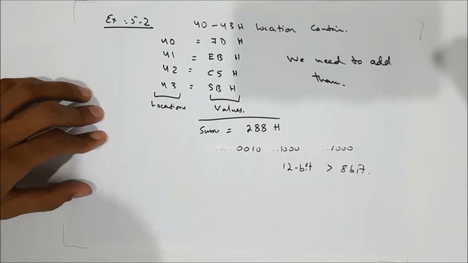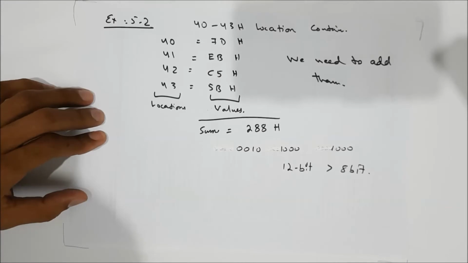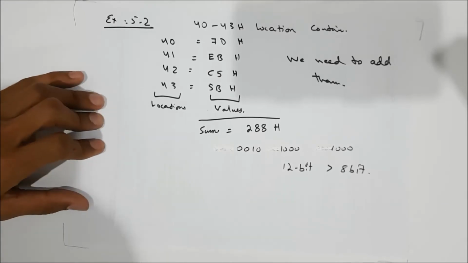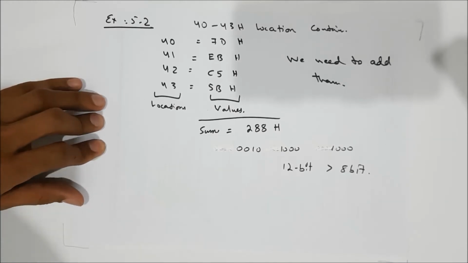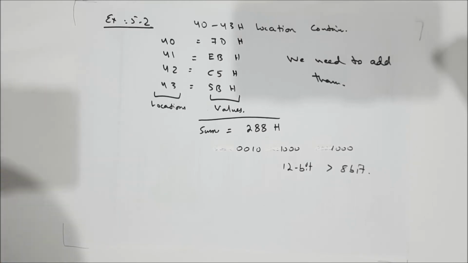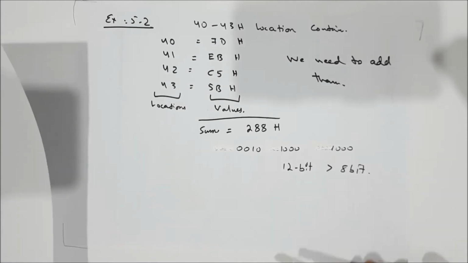So what we have to do is keep accumulating the carry after each individual sum into a single register. Let's do it using code. Let's write an example code for this purpose. First of all, we will define where we want to store our result.